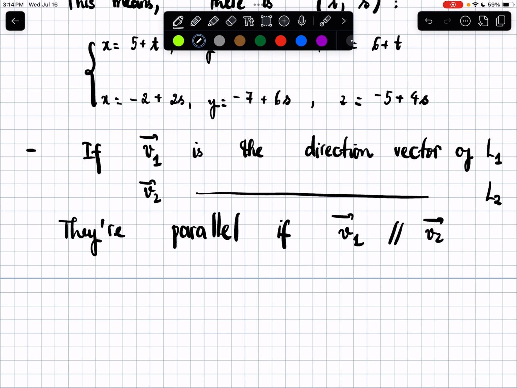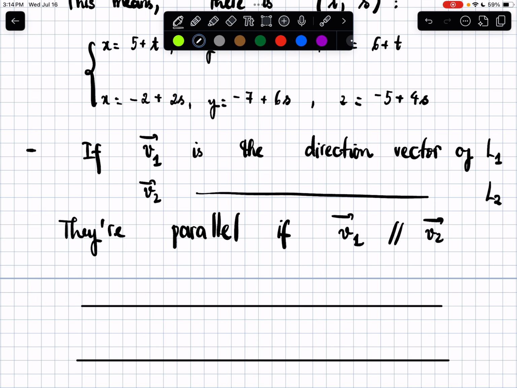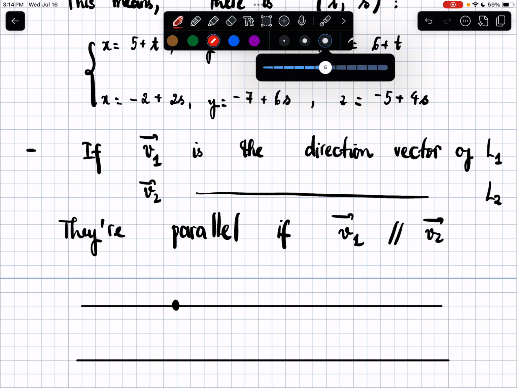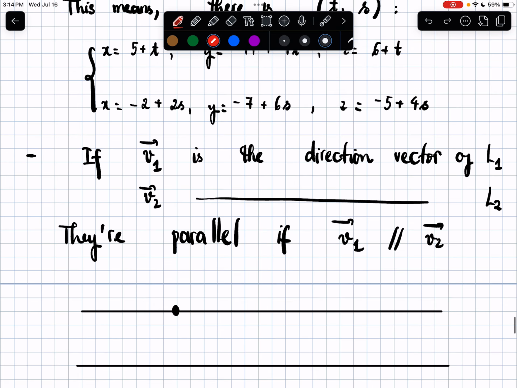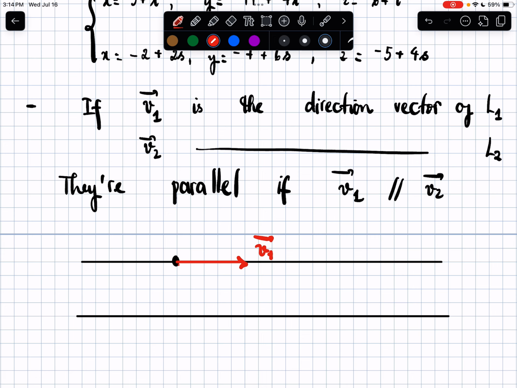So line 1 is here, line 2 is there. V1 is this direction, and V2 is this direction vector.